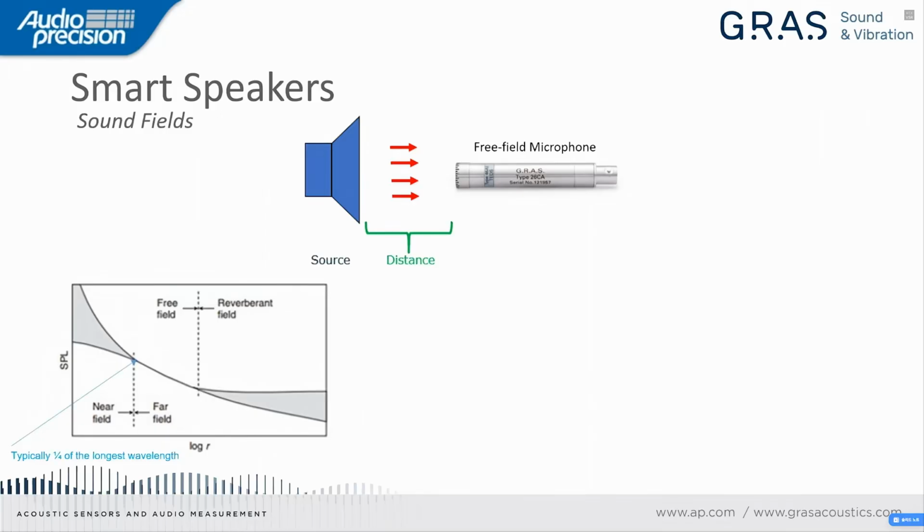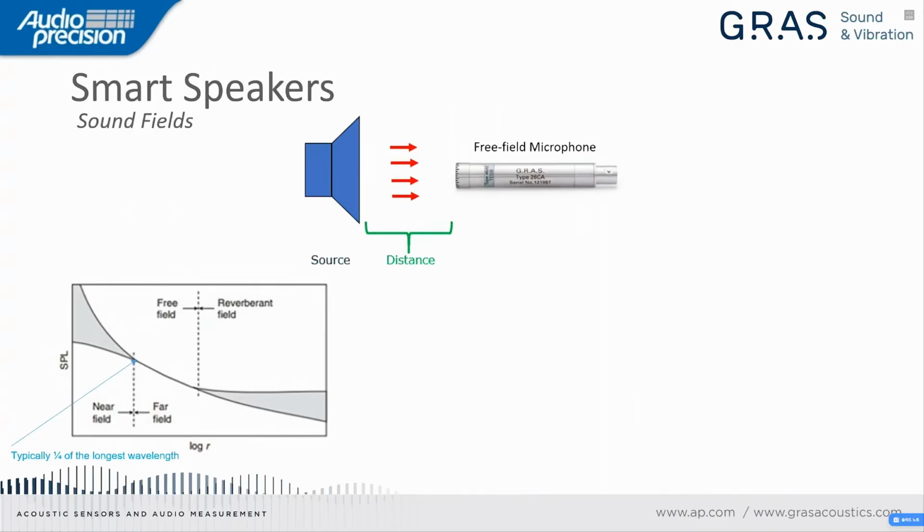The transition between the near field, the pressure field, and the free field is typically about 1/3 of the longest wavelength in your signal. So you have to look at your lowest frequency, take about 1/3 of that wavelength, and then you would get your frequency.